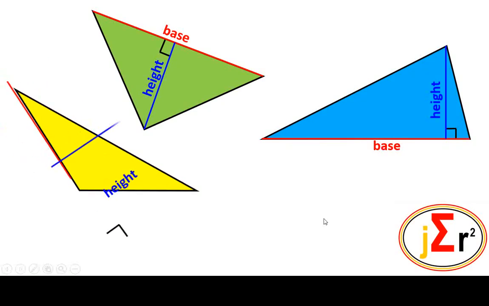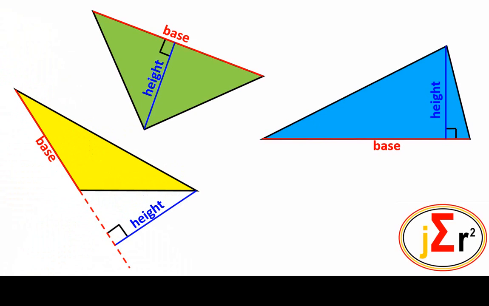And there's your favorite. As you see, we have chosen one side to be the base. When we intend to draw the height perpendicular to the base, that height has to go from the base to the vertex that is opposite to the base, which is this one.